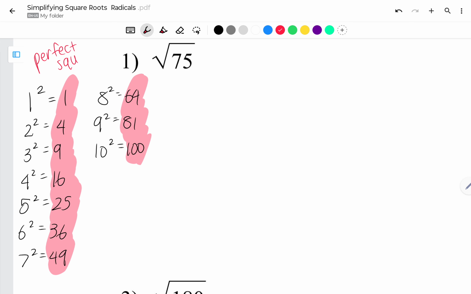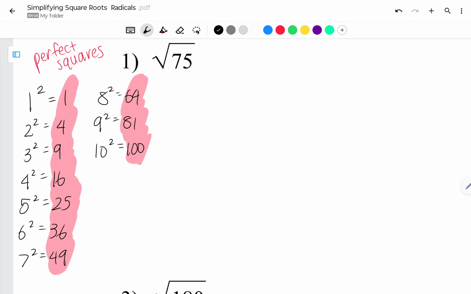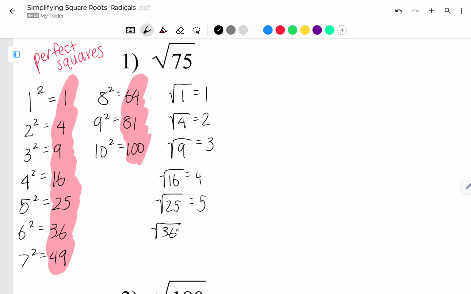Why are they called perfect squares? Because when you do the opposite, when you square root these numbers, square root of 1, you're going to get 1 back. Square root of 4, you get 2. Square root of 9, 3. Square root of 16, 4. Square root of 25, 5. Square root of 36, 6.